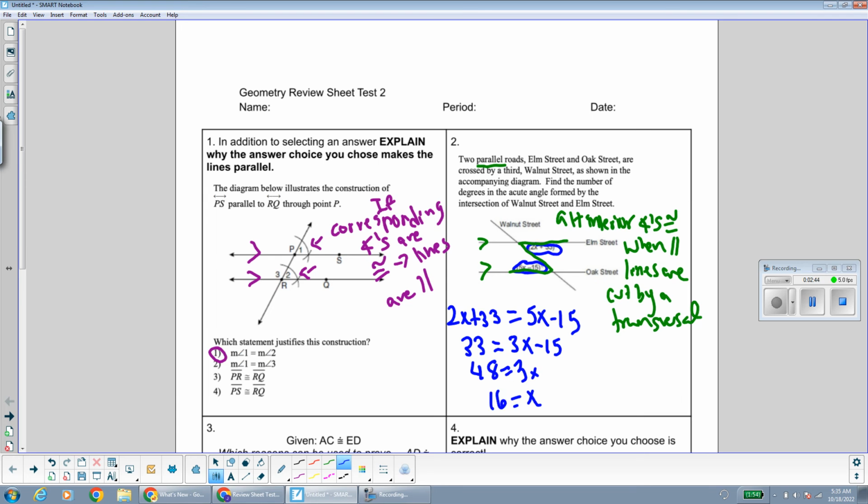Now I'm just going to plug in to find what the measurement of the angle is that we're looking for: the angle formed by the intersection of Walnut Street and Elm Street. So Walnut Street is here and Elm Street is here. Let me first find this angle because now I have my x value. So 16 times 2 plus 33 is 65 degrees.